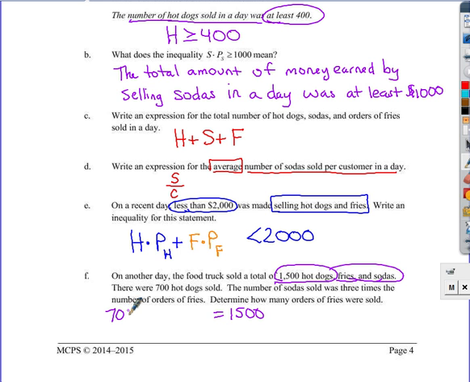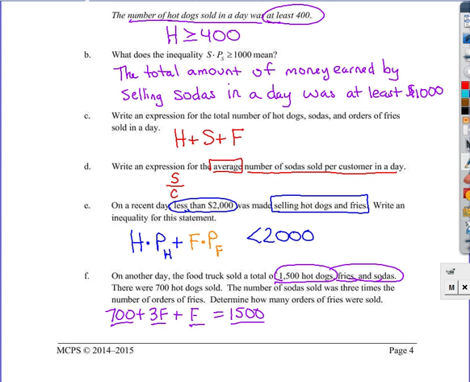So I have 700 hot dogs plus the number of sodas sold, which was 3 times the number of orders of fries. So sodas is going to be 3 times the number of fries. And then I have my French fries. So I have hot dogs plus my soda plus my fries equals a total of 1,500 items.